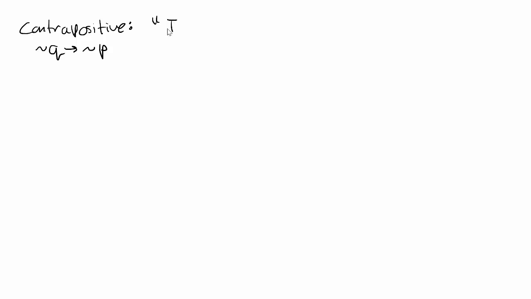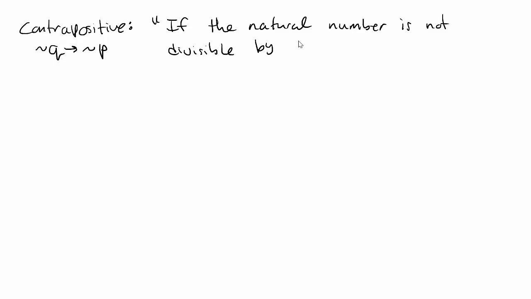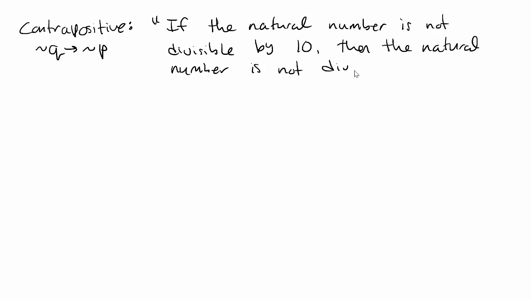So as a sentence, it's going to be read as if the natural number is not divisible by 10, then the natural number is not divisible by 5. This is the most writing you'll ever do in any math class, by the way. And we're just getting started.